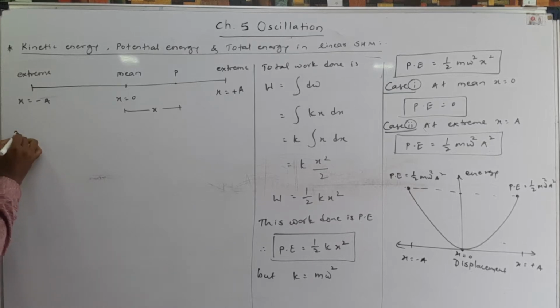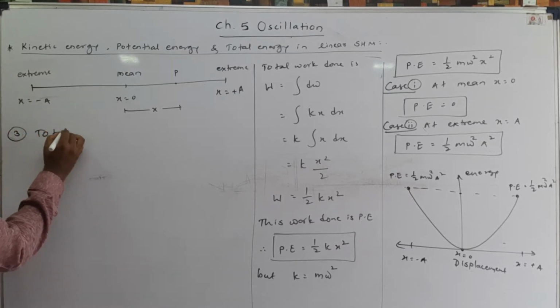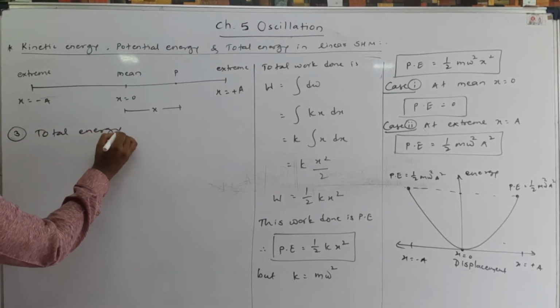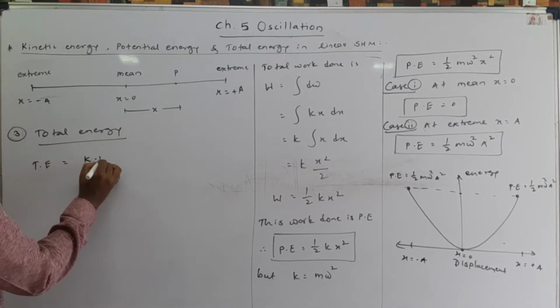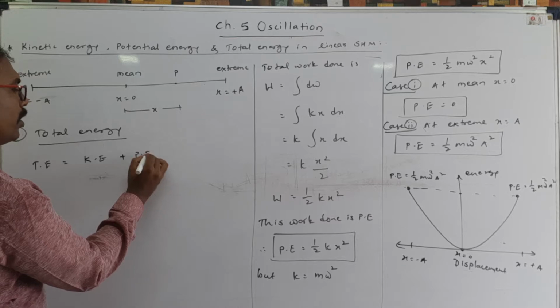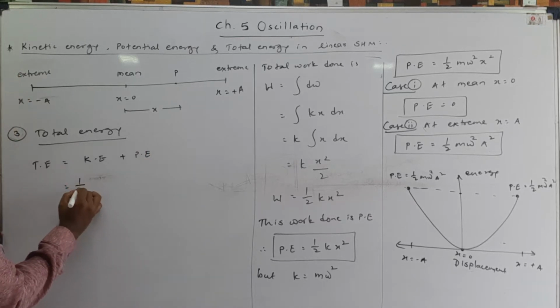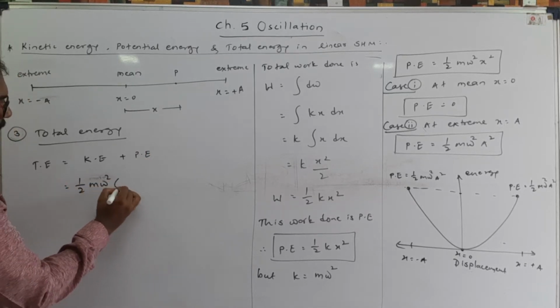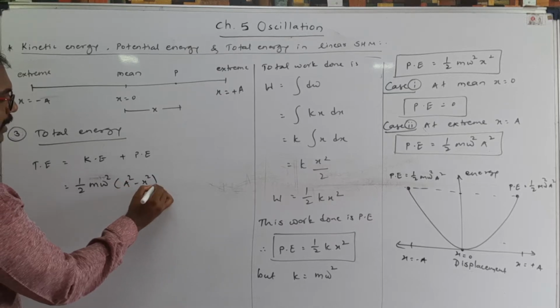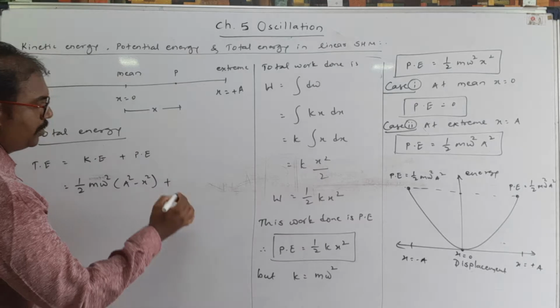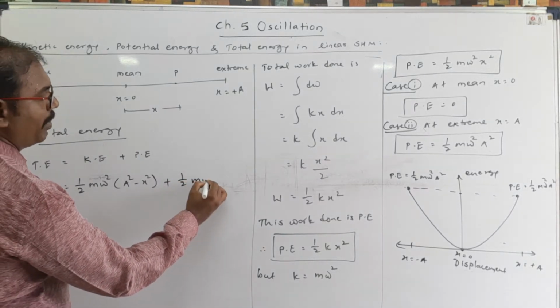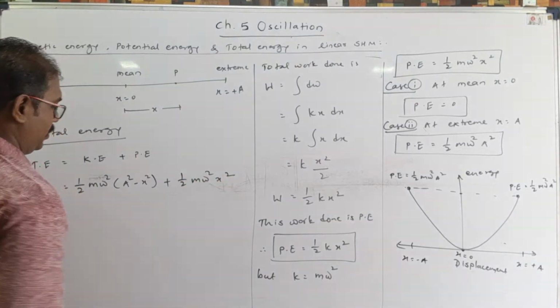Third, total energy. So total energy is kinetic energy plus potential energy. Kinetic energy we obtain, it is 1/2 m ω² (a² − x²), plus potential energy is this, in terms of m ω² I substitute 1/2 m ω² x².